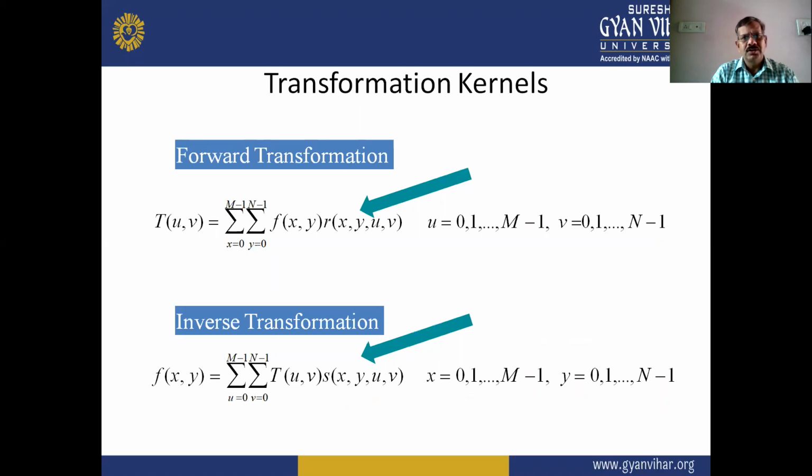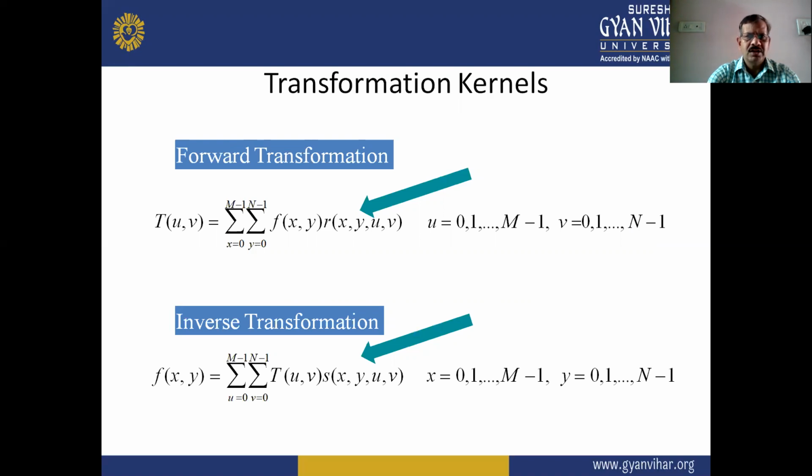Next one is the transformation kernels. Here are two transformations. First one is the forward transformation, and second one is the inverse transformation.